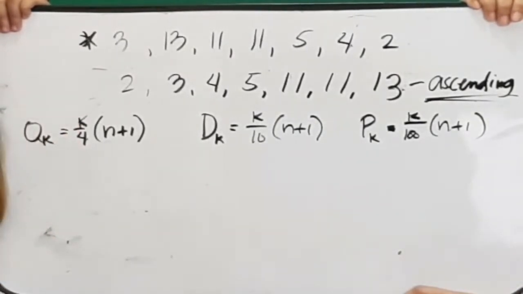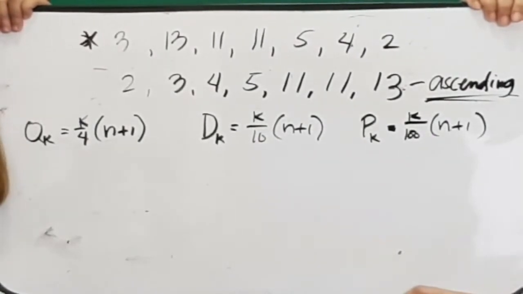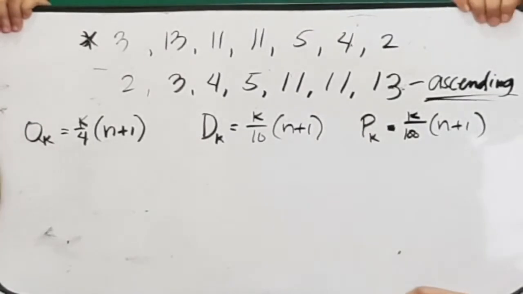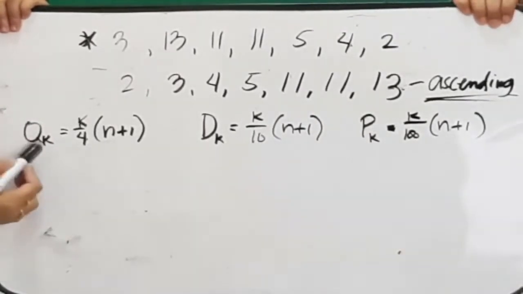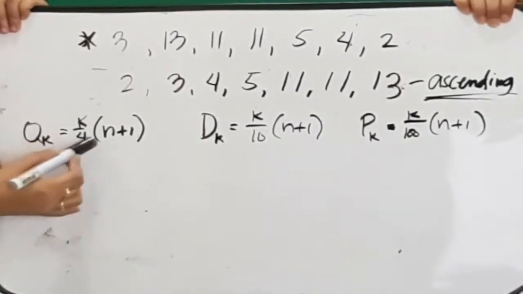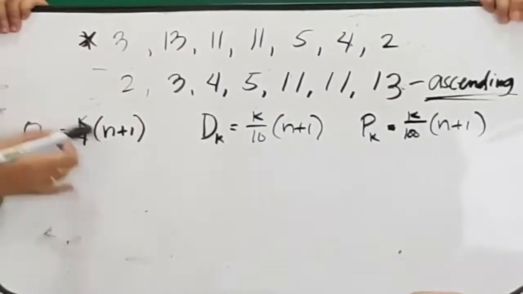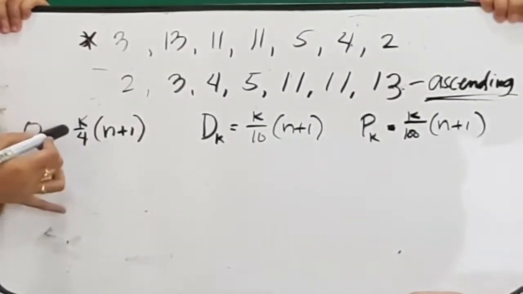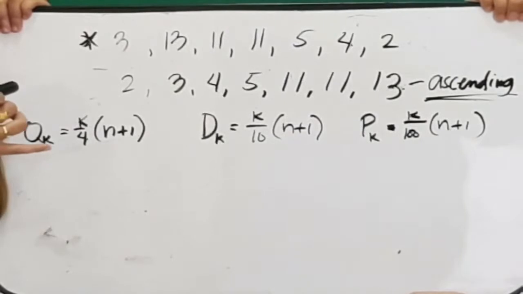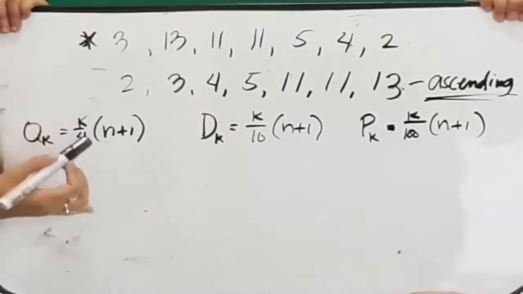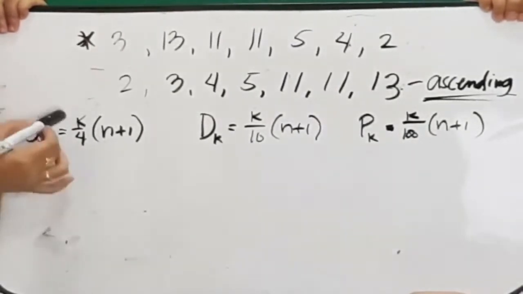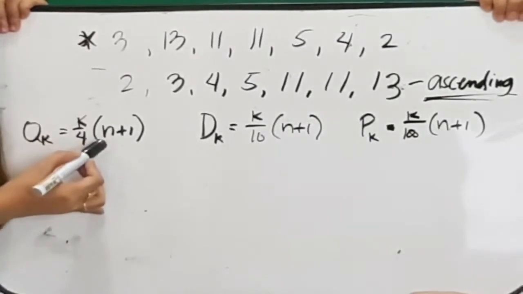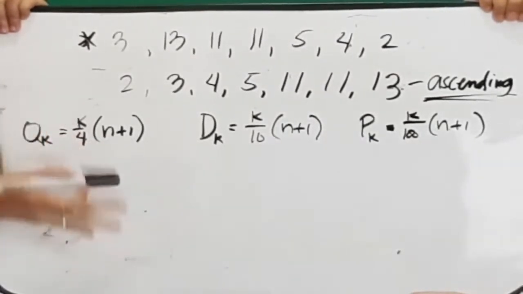And in solving a specified measure of position, we have its formula. For the quartile, we have here Q sub K is equal to K over 4 multiplied by N plus 1. K here tells us which number of quartile, percentile, or decile you want to solve, and our N here is the total number of elements in the given data.